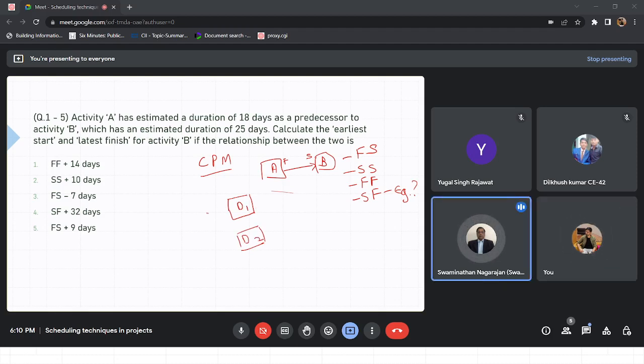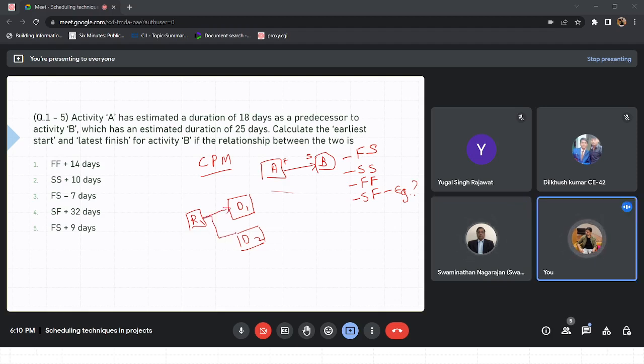D1 and D2 can go in parallel, but both are finish to start with, let's say, requirement R1. So R1 drives these D1 and D2, and then there is some solution that we are arriving at.